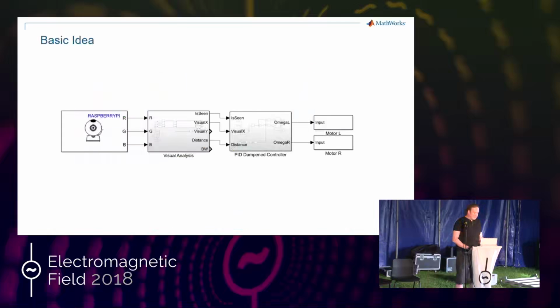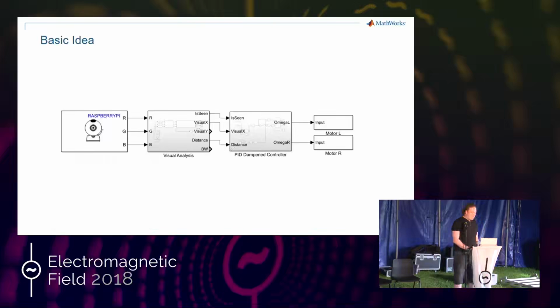The idea is pretty simple. You take the video feed that's coming from the Raspberry Pi camera, you do some analysis on that to figure out where in the robot's vision the tennis ball is, and then based on that information you decide what the two motors should do to get the robot to the tennis ball.